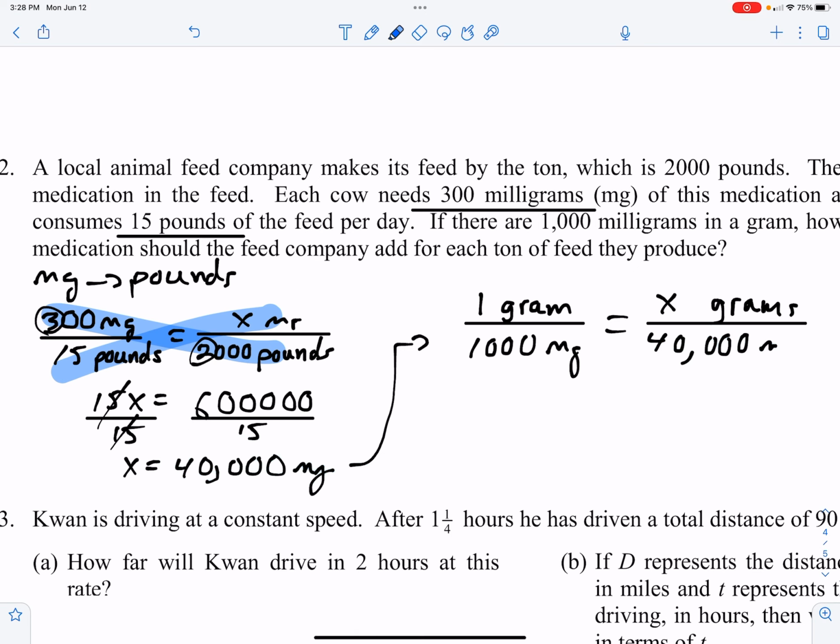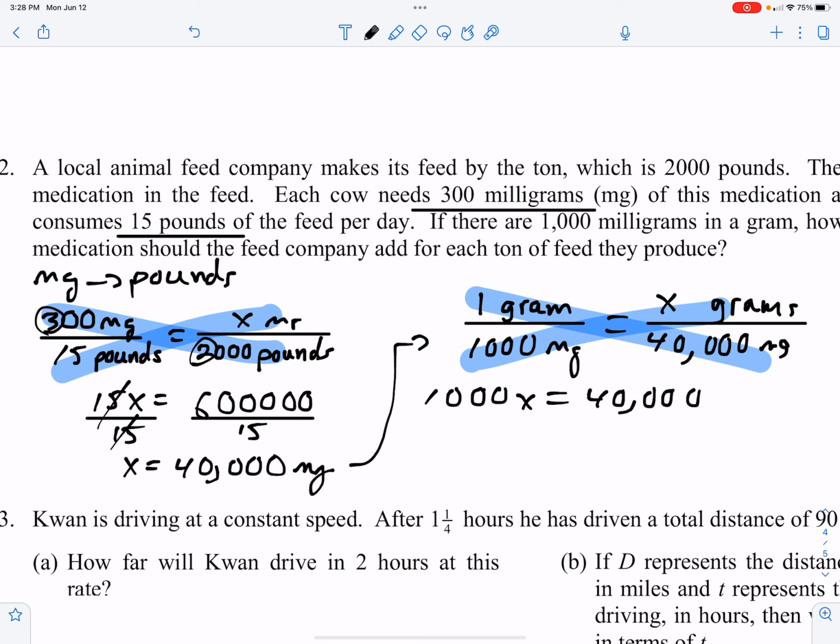Go ahead, cross multiply, and we get 1,000 times X equals 40,000. Dividing by 1,000, X equals 40 grams.